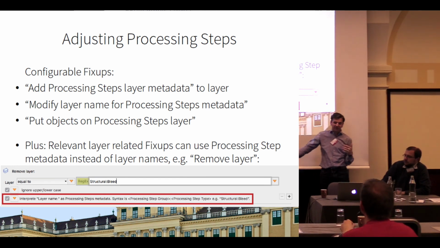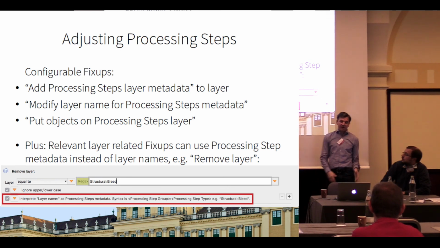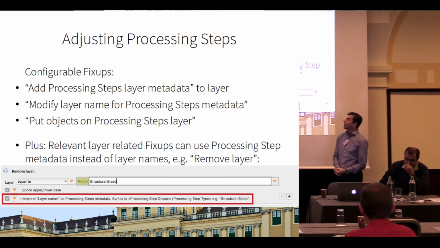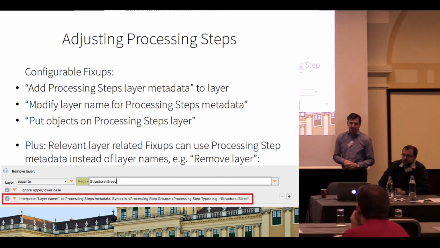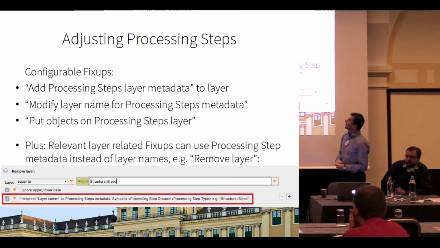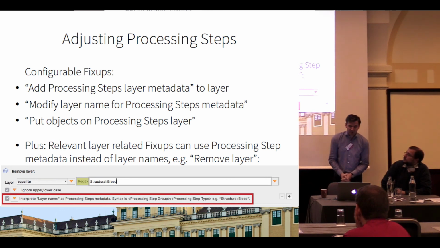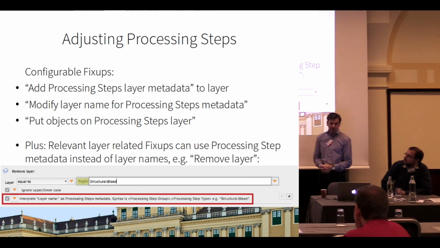So if you always receive from a customer a PDF file that doesn't have processing steps, and you want to associate a certain type of processing as metadata with that, you can do that, or you can modify a layer name for a layer that is identified by means of processing steps metadata, and you can as well put objects on a processing steps layer if you want to move additional objects onto there.